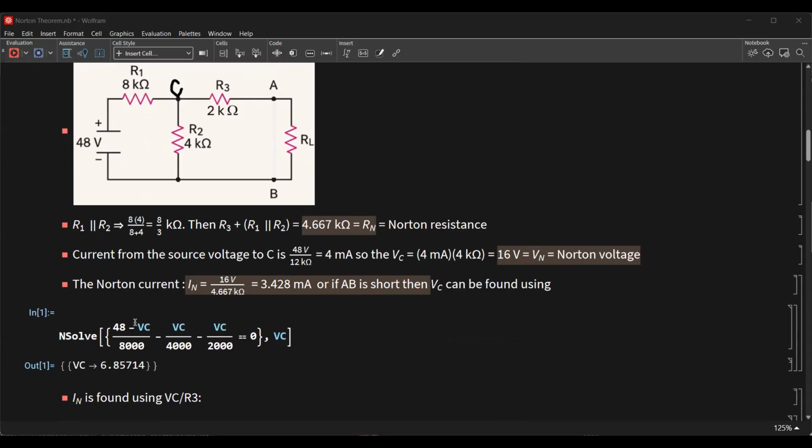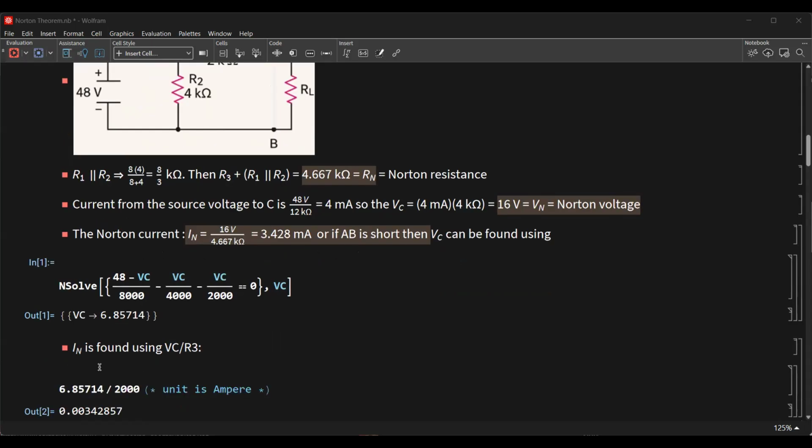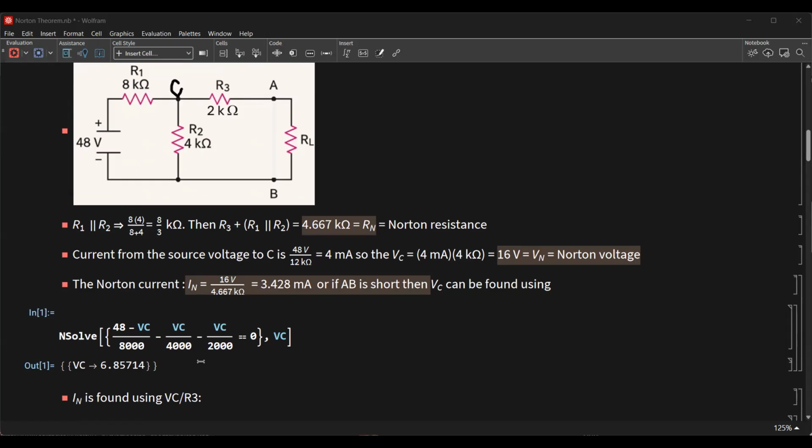This is the current entering point C. This current is from C to the ground, and this current, VC over 2000, is from C to A. So the sum is equal to 0 by Kirchhoff's current law. So the voltage at C is 6.85714.